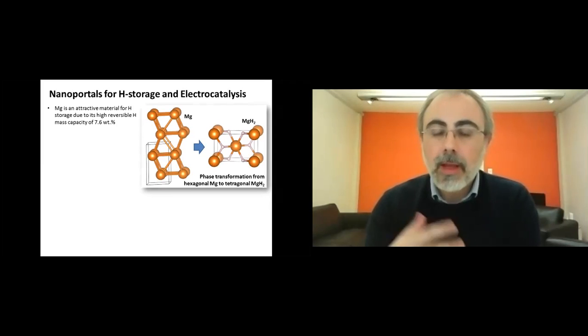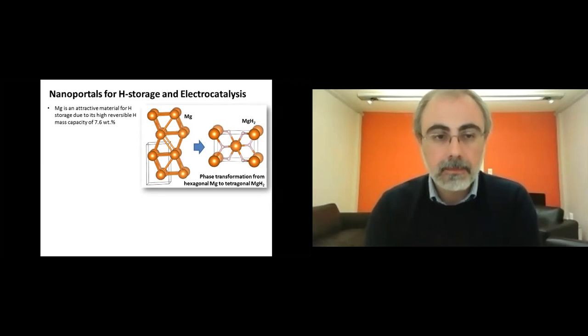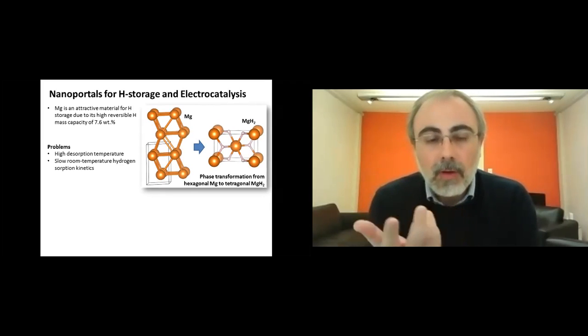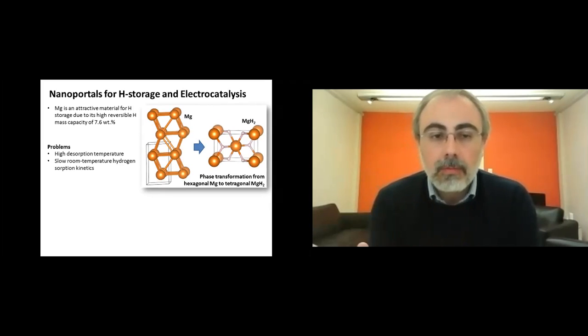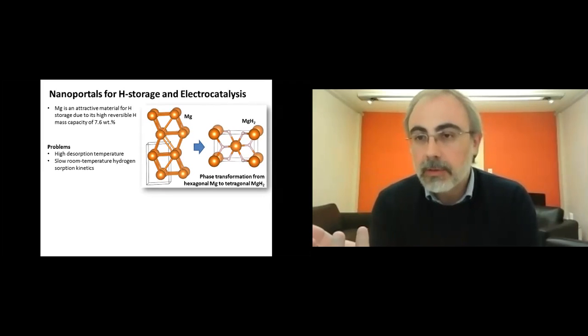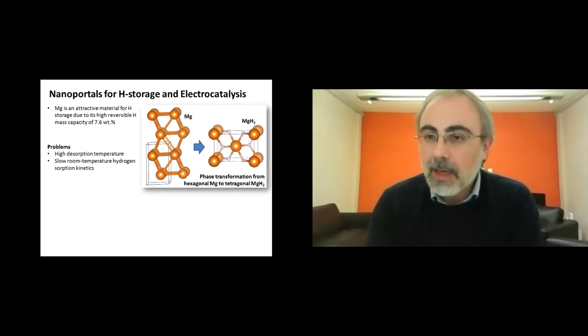And when it absorbs hydrogen, it transforms from hexagonal magnesium to tetragonal magnesium hydride. Of course, there are problems. One of the problems is the very slow hydrogen absorption kinetics. The whole process is not as fast as we would like it to be. And of course, the desorption requires quite high temperature.